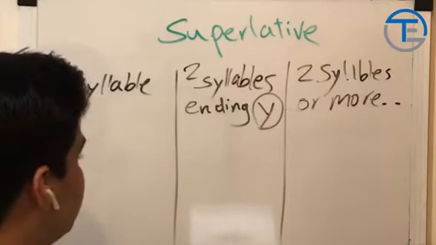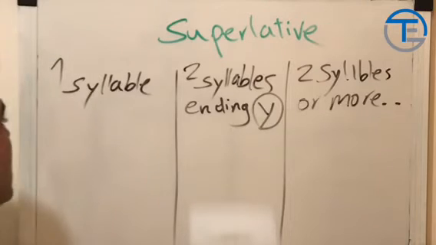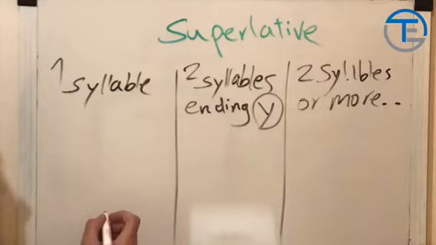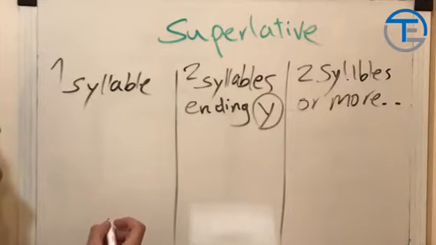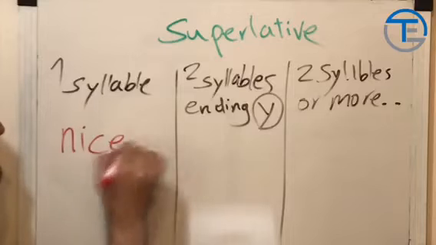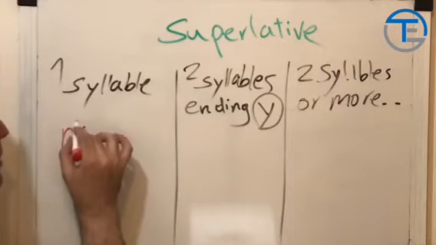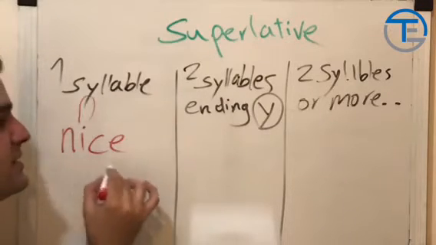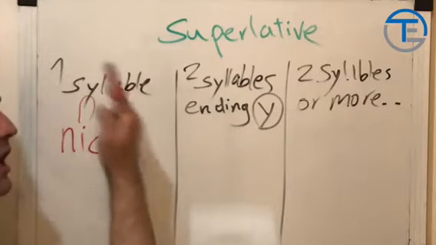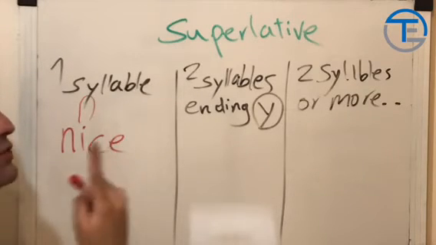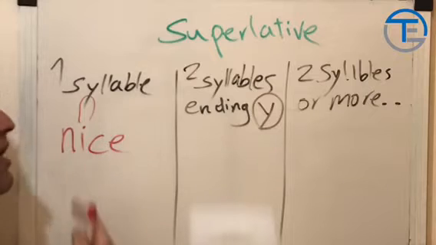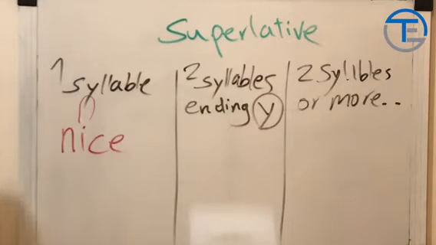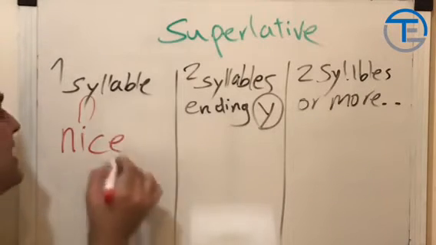So first we say a word, an adjective, for example, nice. It just has 1 syllable. Nice. I is a vowel sound, just 1 vowel sound and just one syllable. So it has 1 syllable.